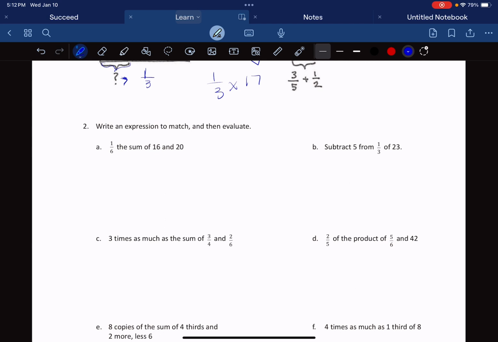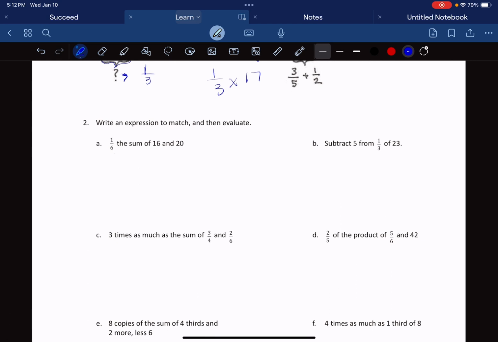So, for example, they will come here and look at part A, and it says 1/6 the sum of 16 and 20. If we go through here, we should know that sum is addition, and I'm going to say "of" is multiplication. The "and" here implies that these are grouped together.